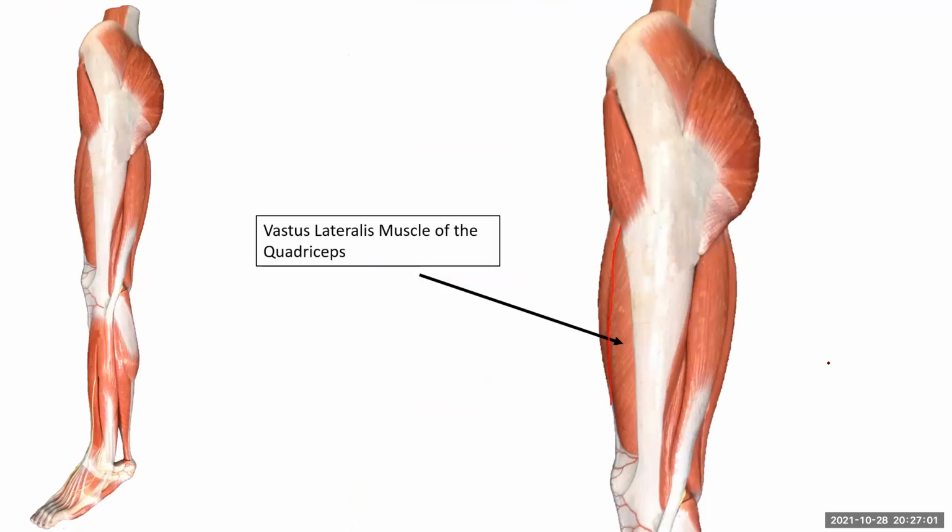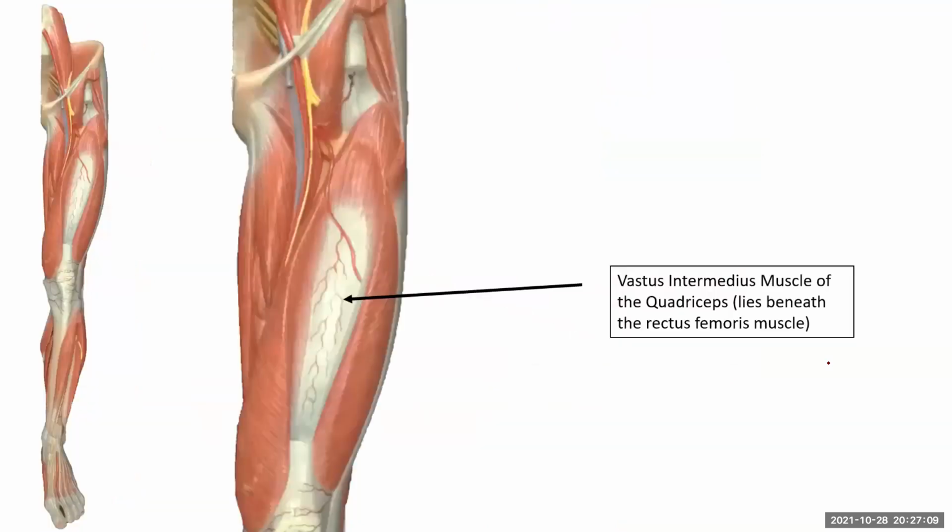That's vastus lateralis. Those muscles help to straighten your leg, or extend the knee. And then the last muscle, deep to the rectus femoris, is the vastus intermedius muscle. So all four of those muscles will attach onto the quadriceps tendon.